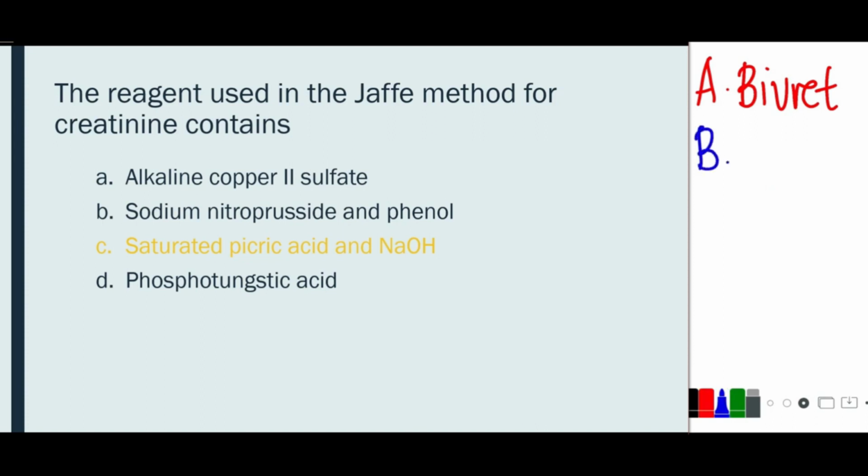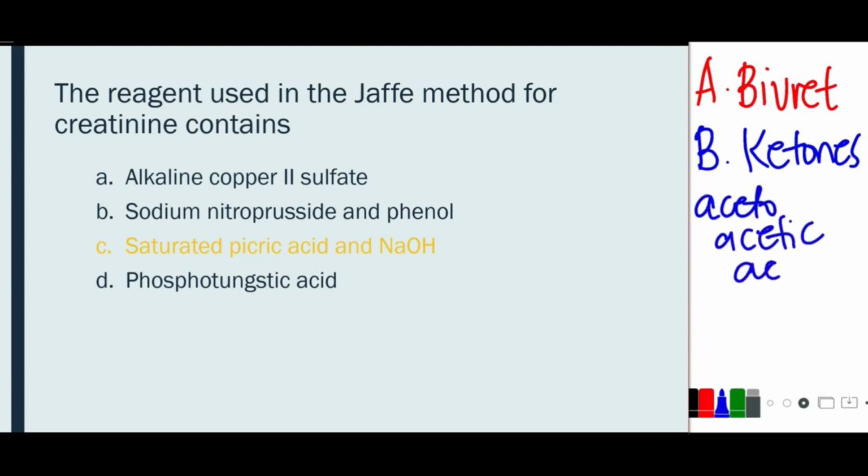For choice B, we have your sodium nitroprusside and phenol. These, on the other hand, are utilized for the determination of your ketones, specifically that of your acetoacetic acid.